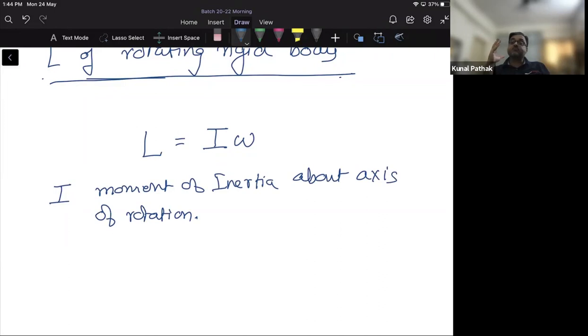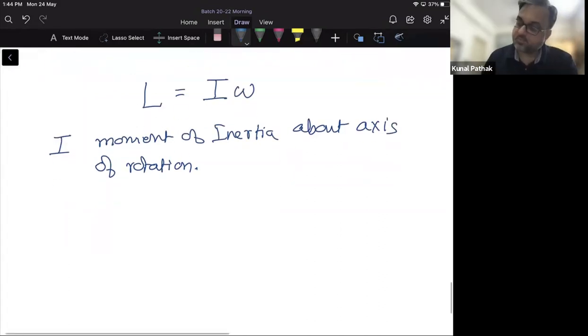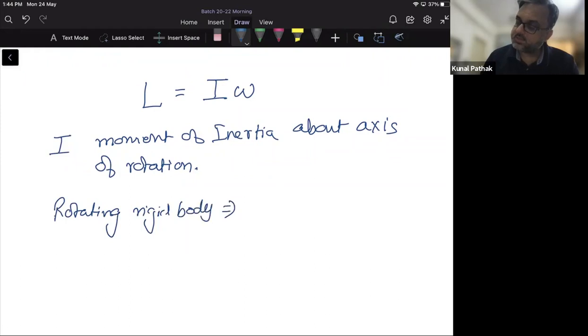तो rotating body का क्या मतलब? What is the meaning of a rotating? So if a rigid body is rotating, rigid body implies that one point on object is fixed. Right?